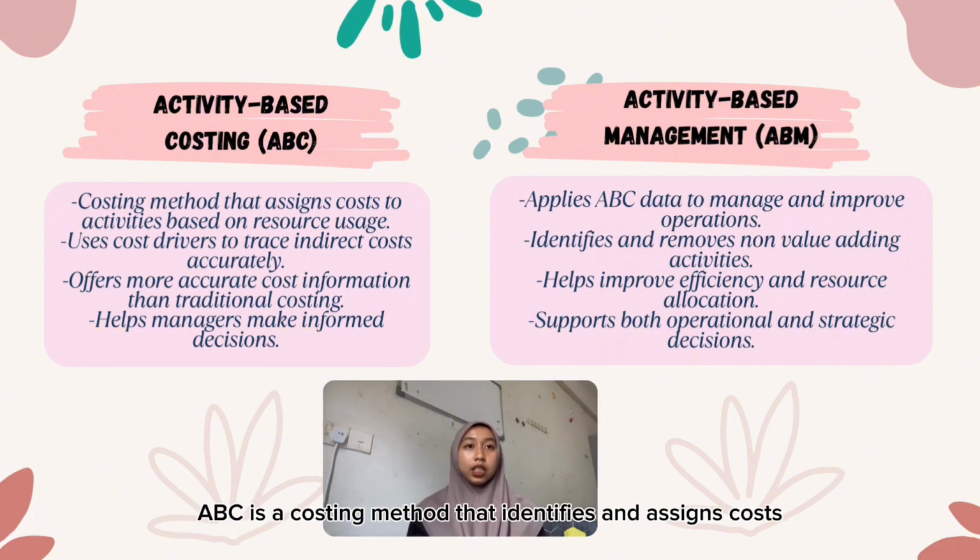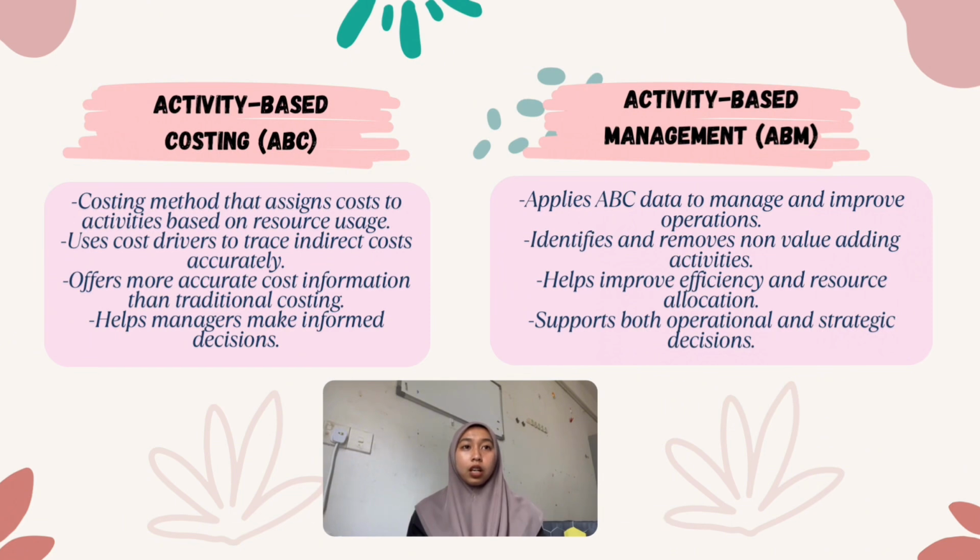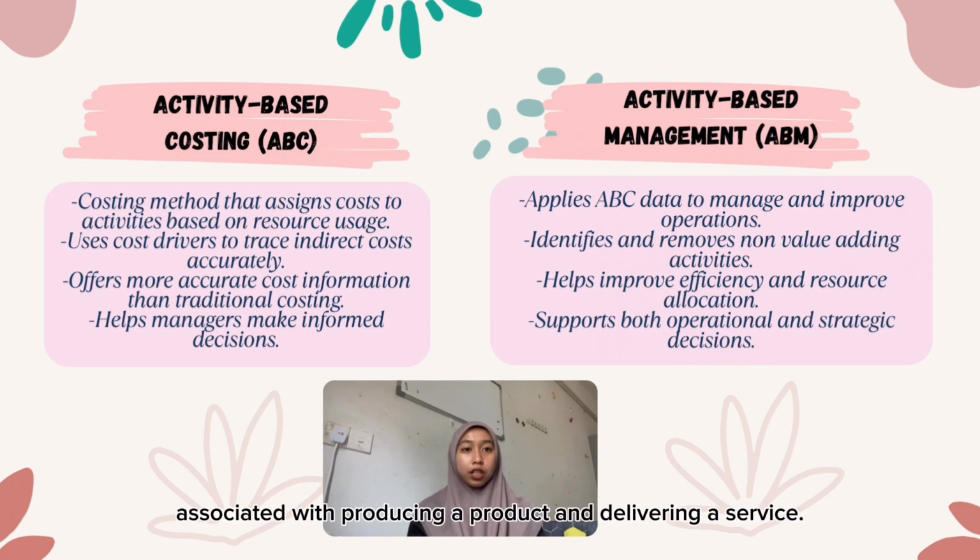ABC is a costing method that identifies and assigns cost to activity based on the resources they consume. Unlike traditional costing system, which often rely on broad average, ABC offers a more accurate reflection of the actual cost associated with producing a product and delivering a service.